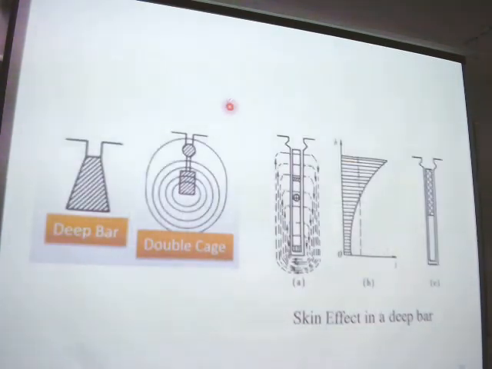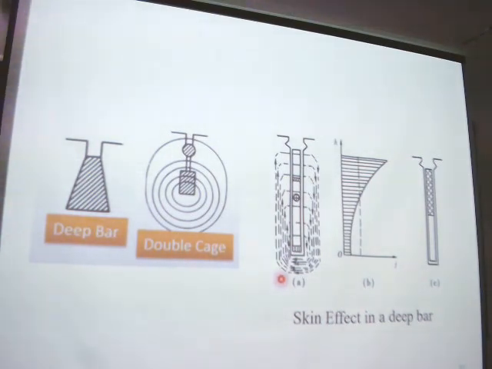Let's see this. You see this graph on the current for the different frequencies.